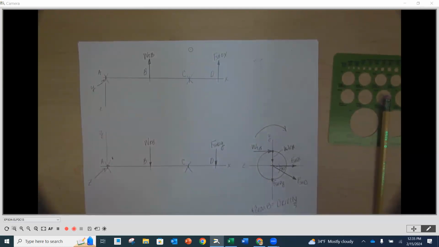Okay. Go to the front, it's pointing. Top, it'd be pointing up. Yeah, it's just visualizing it.